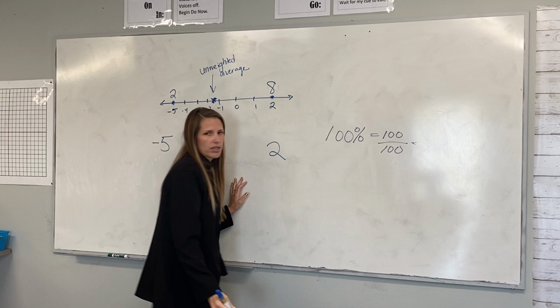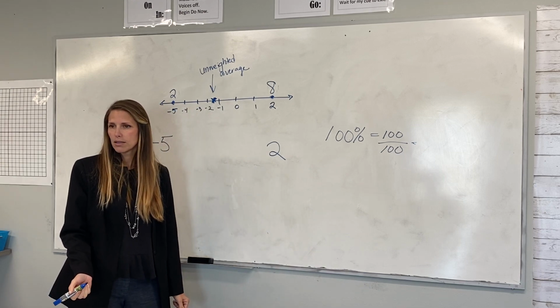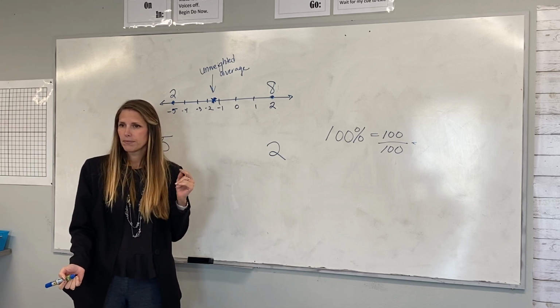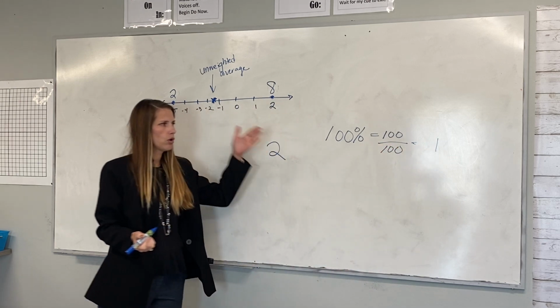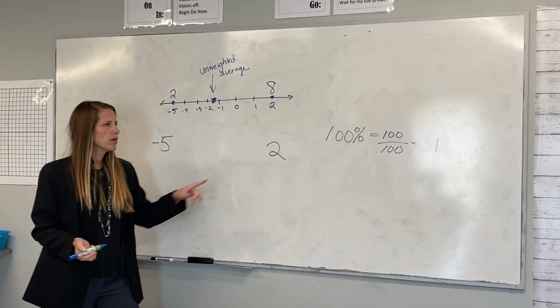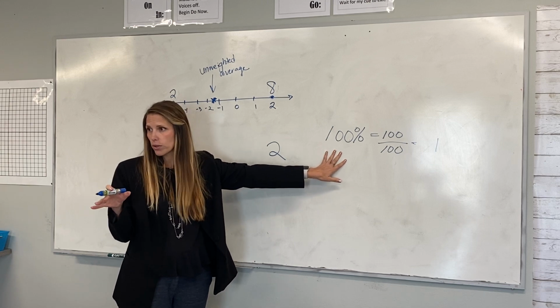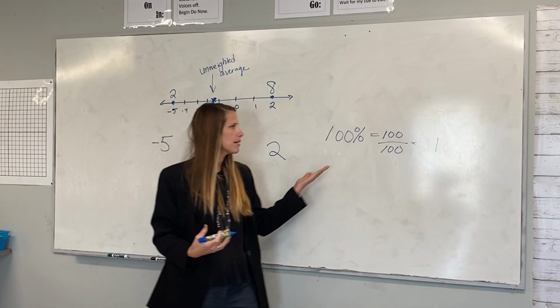What does 100 out of 100 equal? 100%, or what's 100 divided by 100? 1. Just like any number over itself will equal 1. So 100% in our grade categories on My Student, they have to add up to 100%.